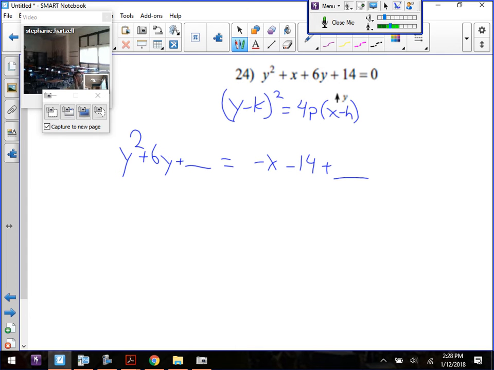I put in those blanks first without really doing anything. And now I complete the square. What's half of 6? 3. So in my term, I'm going to get y plus 3 quantity squared. When I square 3, I get 9. So then I get, on the right-hand side, negative x minus 5.